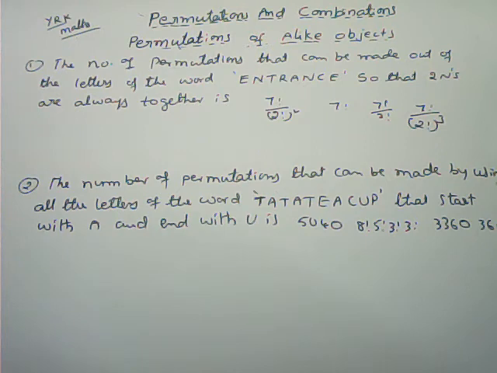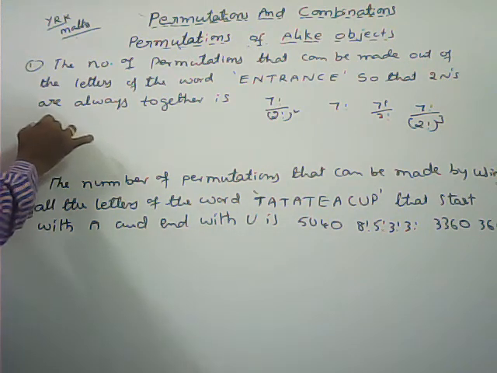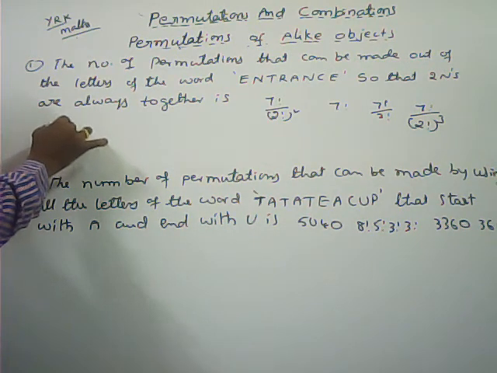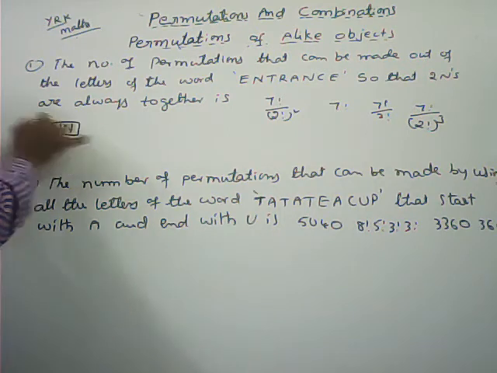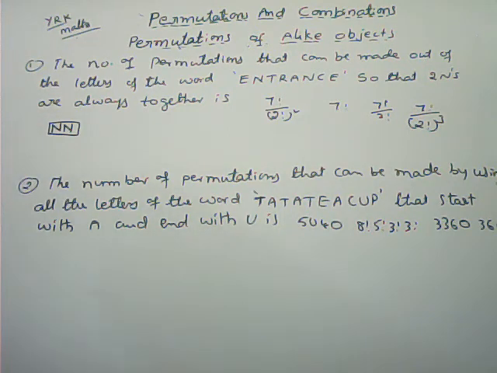Next, the number of permutations that can be made out of the letters of the word ENTRANCE, so that the 2 N's are always together. Here the 2 N's you can put in one box. These two we have to consider as one object only. Both the 2 N's come together in every arrangement.